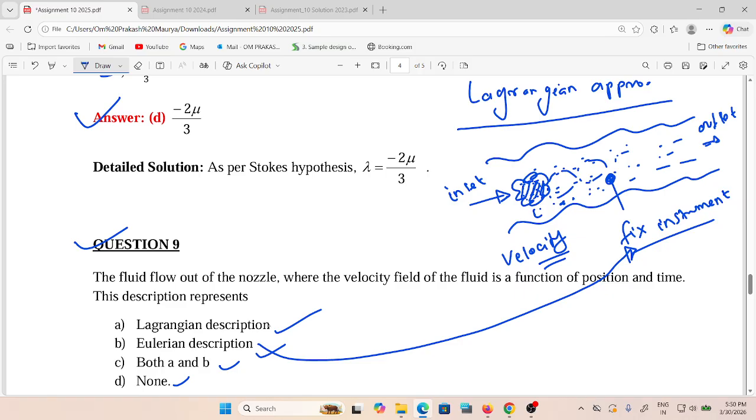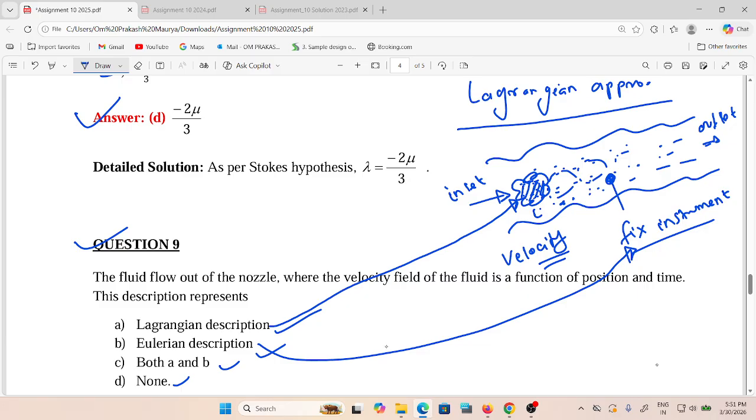And when you keep your instrument floating with a particular fluid parcel, that is your Lagrangian description, means your fluid particle changes location, the instrument also changes location.